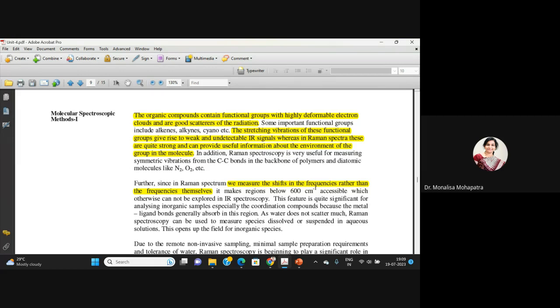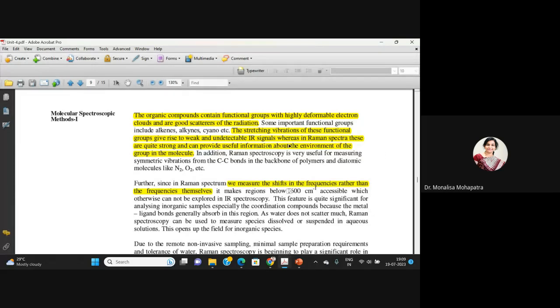The stretching vibrations of these functional groups give rise to weak or undetectable IR signals. Stretching vibrations will not give you a good IR signal. It may be weak or unpredictable.